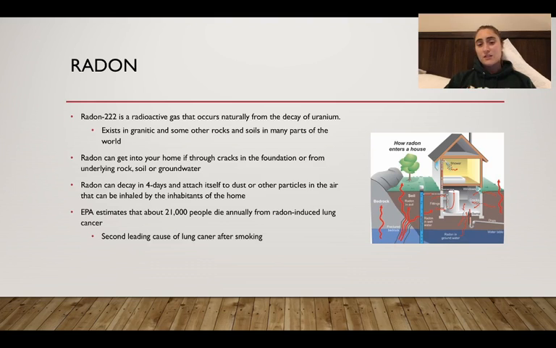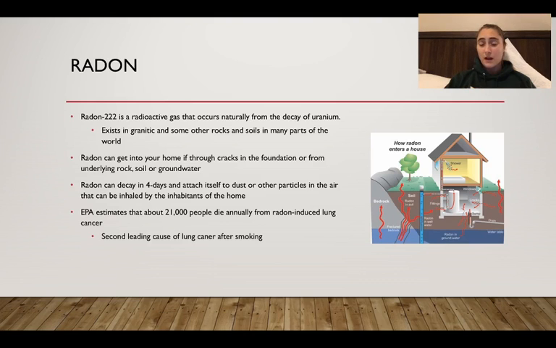Essentially, it can attach itself to dust or other particles that are sitting in your home, and then it can be inhaled by you. The EPA actually thinks that about 21,000 people die annually from radon-induced lung cancer. That's the second leading cause of lung cancer in the world after smoking.